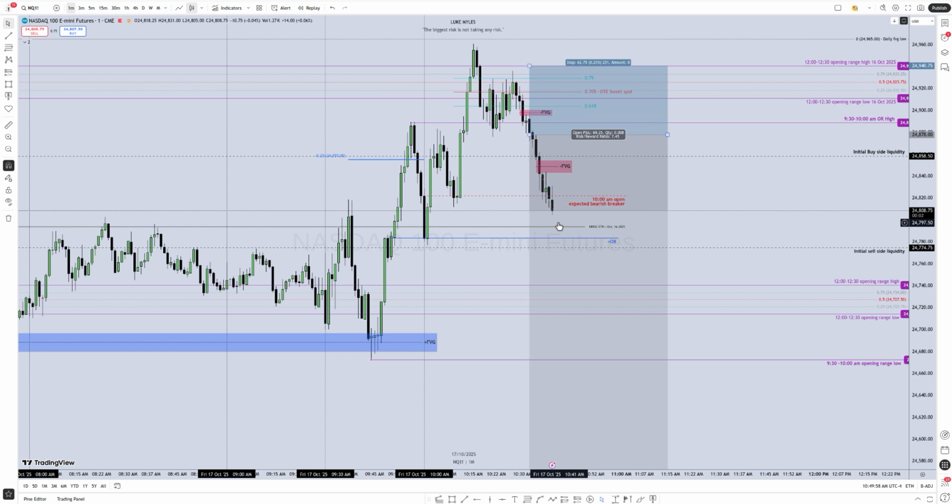Just like that, pushing price lower to take out that low, or tapping the opening up.